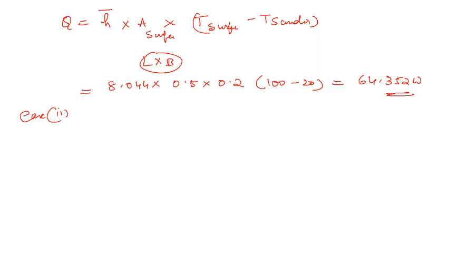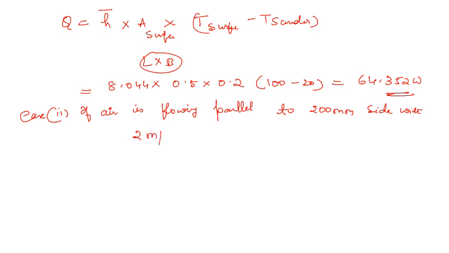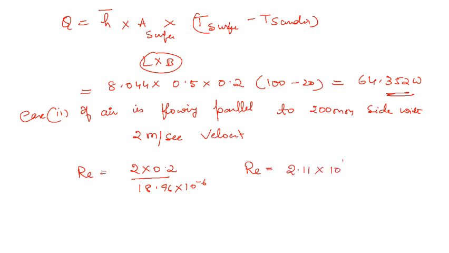In the second case, if air is flowing parallel to the 200 mm side with 2 meter per second velocity, the Reynolds number is 2 into 0.2 divided by 18.96 into 10 to the power minus 6, or Reynolds number is 2.11 into 10 to the power 4. Therefore, the Reynolds number indicates laminar flow.